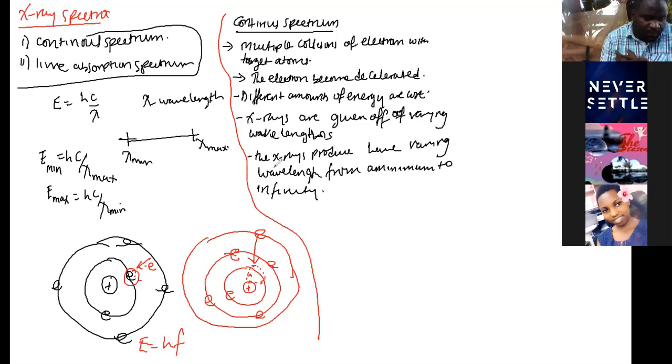So those are the key points about continuous spectrum. Multiple collisions of the electrons with the target atoms. Electrons become decelerated, so they lose energy, and as they lose energy, they give off different X-ray photons of varying wavelengths, and the X-rays have varying wavelengths from a minimum to maximum.